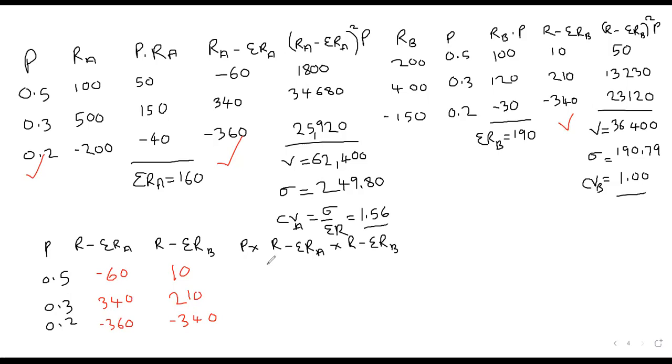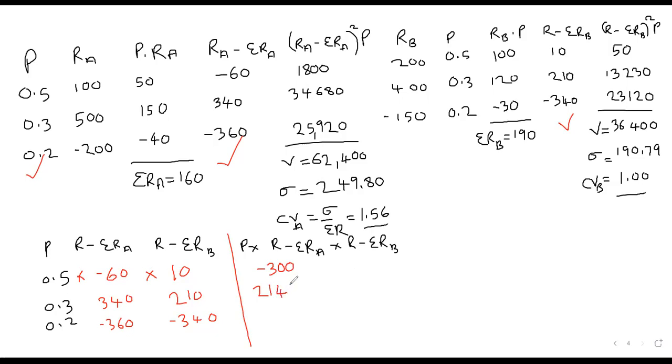So what are we getting here? 0.5 times this times that. What are we getting here? Negative 300. Yes. And here what are we getting? 21,420.